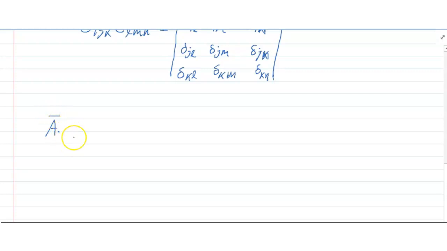Now friends, we see the vector product a dot b. A dot b is equivalent to a sub i b sub i, working under the Einstein summation convention. We have to look at the component of a cross b.